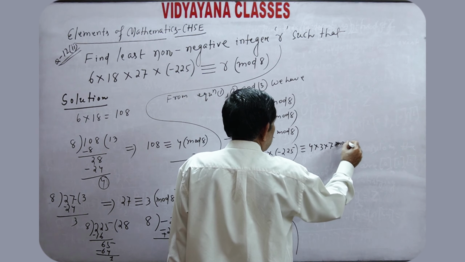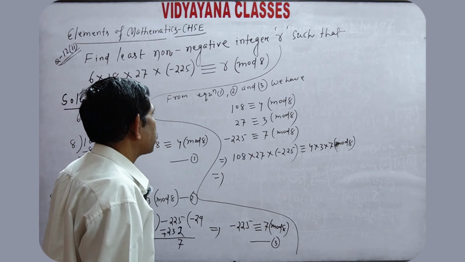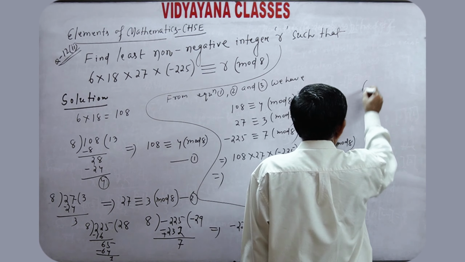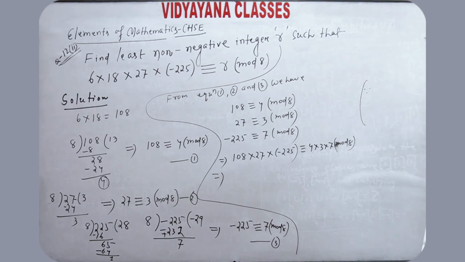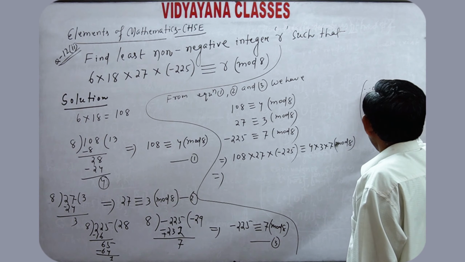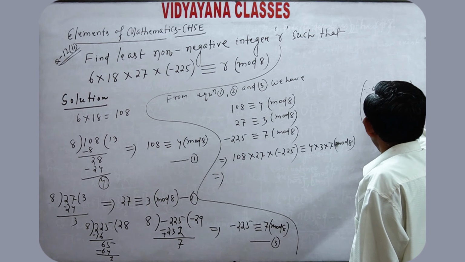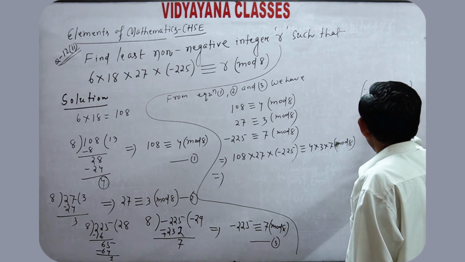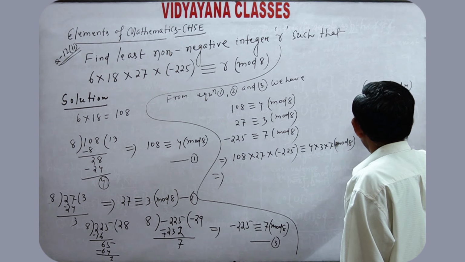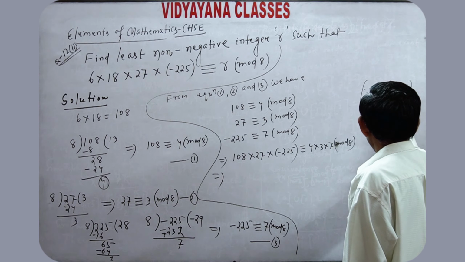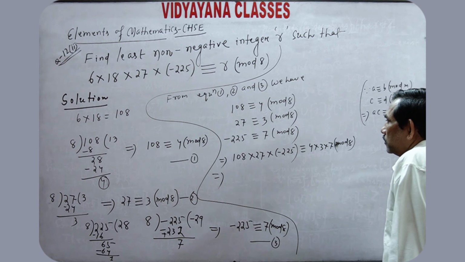Mod 8, which implies, by the properties of congruence modulo: if A is congruent to B mod M and C is congruent to D mod M, then AC is congruent to BD mod M. Clear?